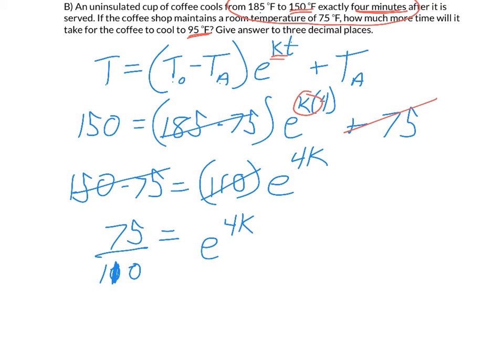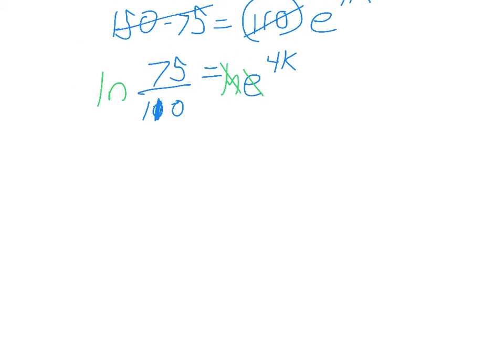All right, now we have what we saw earlier. I'm going to need to take the natural log of both sides, because then the natural log and e, the inverse functions, just cancel each other out. So now I have the natural log of 75 over 110 is 4K.